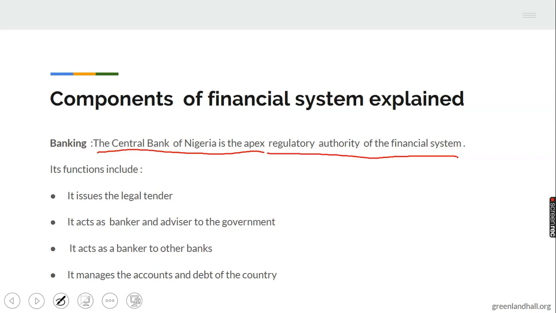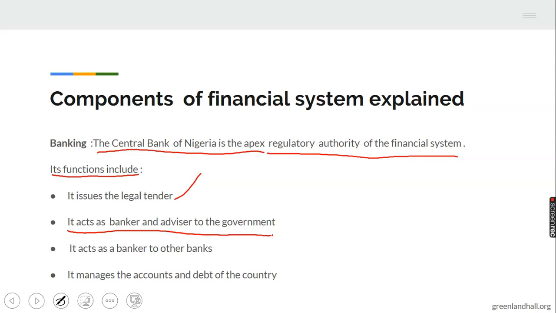Its functions include: 1. It issues legal tender. 2. It acts as a banker to the government and an advisor to the government. So this central bank is the one that prints our naira and kobo and makes them available to us.